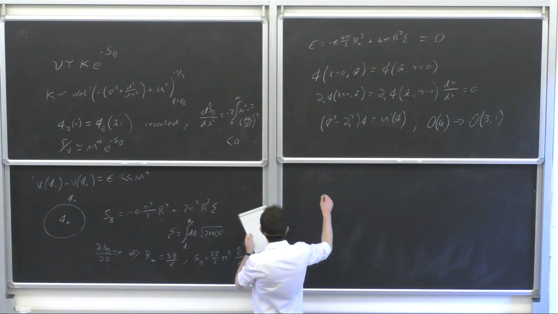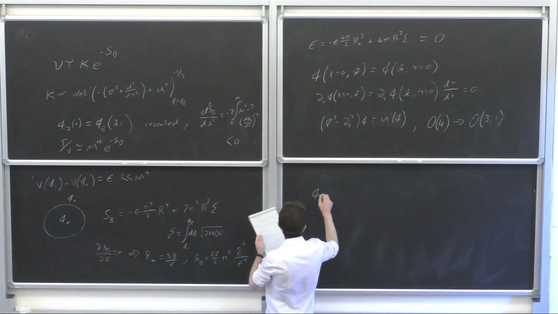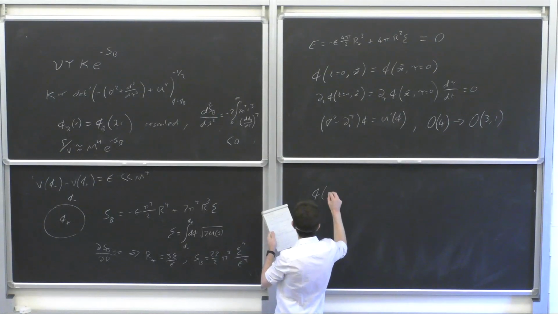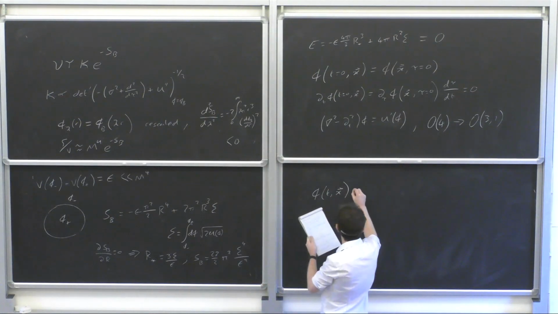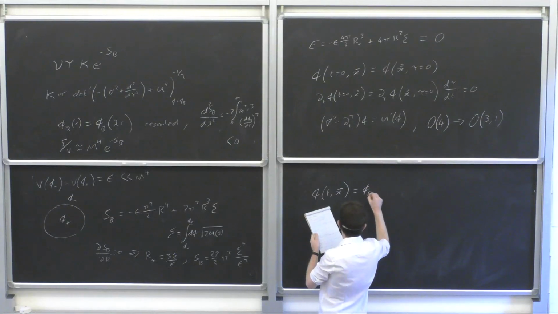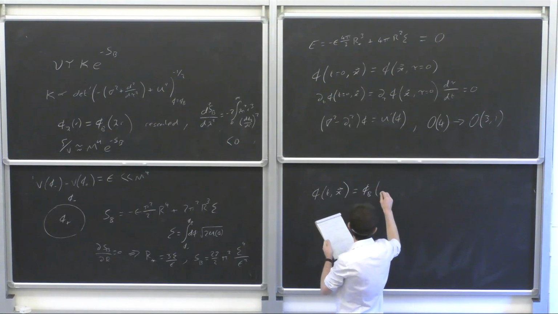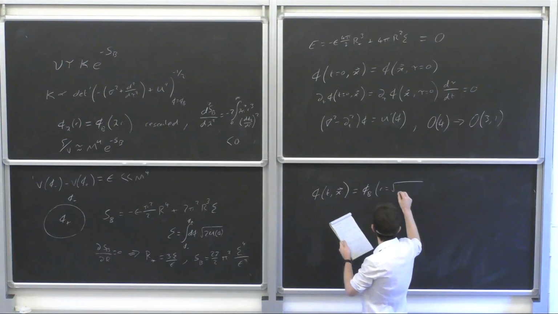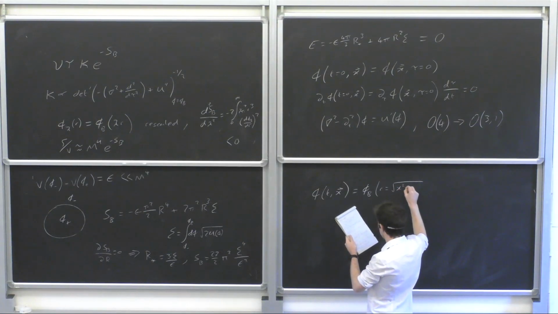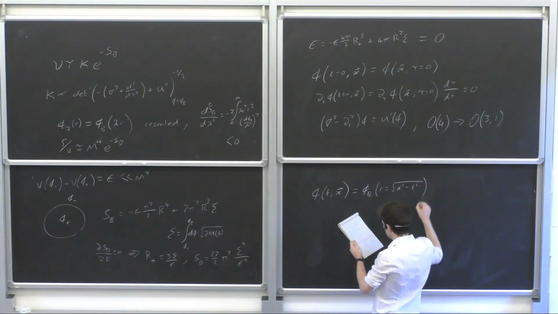So very explicitly, if I analytically continue the bounce solution back to real time, my solution looks something like the bounce solution, but now evaluated at a radius x squared minus t squared.